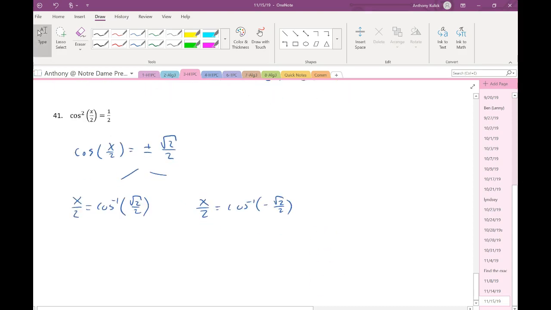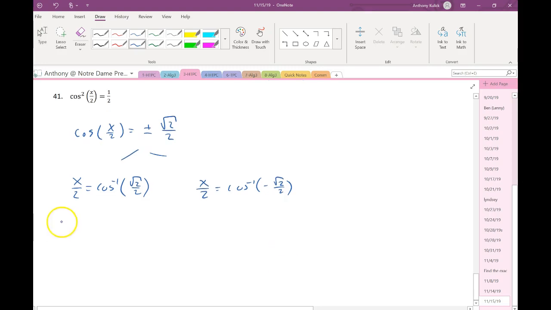And remember, when the coefficient on the x is no longer 1, I like to find the answer to the infinite solution first, and then use that to generate my answers for A, C, and D. So I'm going to go to my unit circle here and look for the places where cosine is equal to positive root 2 over 2.